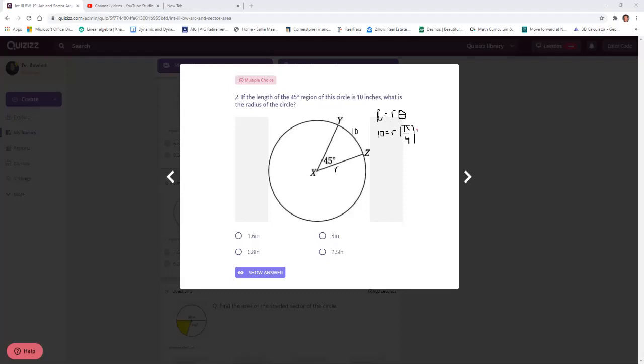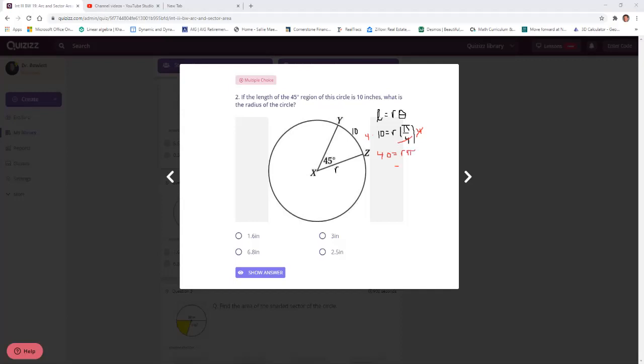If I multiply the right side by 4, then I get a cancellation here. But I also have to multiply the left side by 4. And 4 times 10 is 40. So 40 is equal to r times pi.